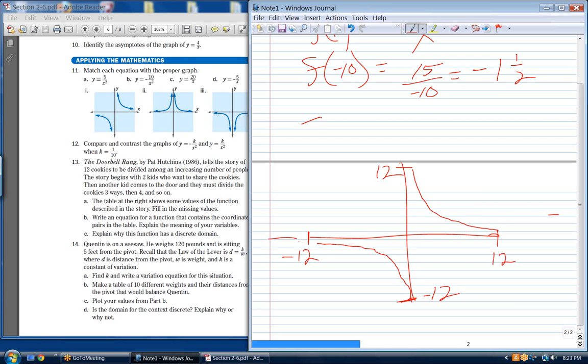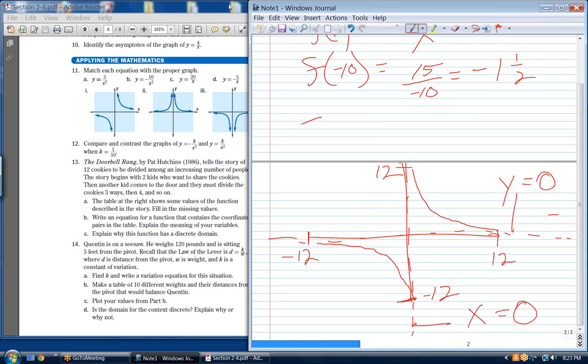So you have a horizontal asymptote, which is y equals 0, and a vertical asymptote that is x equals 0. Notice that the y-axis is the line x equals 0, and the x-axis is the line y equals 0. A lot of people get that confused and want to call the vertical one y equals 0 because it's the y-axis, but that's not correct.